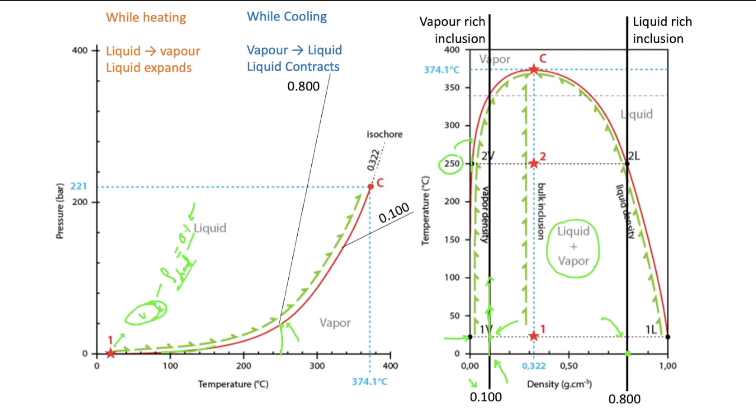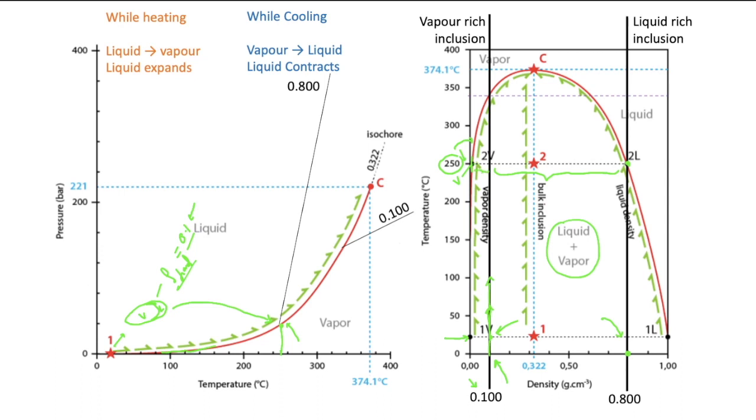right? When the inclusion has come to this point, we can apply the lever rule here, right? This is the amount of vapor and this is the amount of liquid present in it. If you apply the lever rule, you can see this length corresponds to the amount of vapor present, which is more, and this length corresponds to the amount of liquid which is present, right?